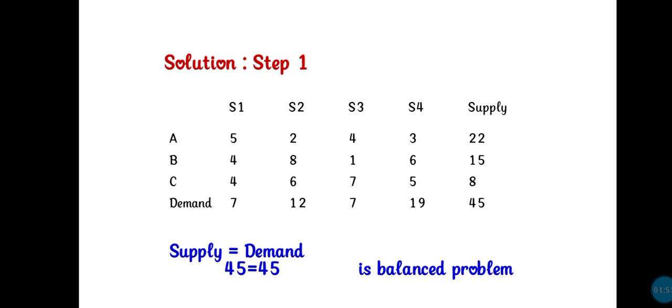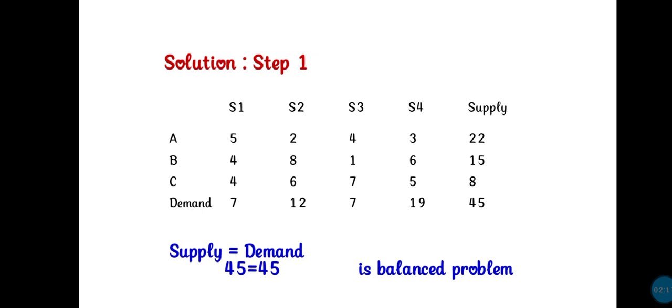Now we will check. Here the demand values are 7, 12, 7, 19. Adding these 4 values we get 45. Likewise, the supply values are 22, 15, 8. Adding these 3 values we get 45. Both the demand and supply values are equal.